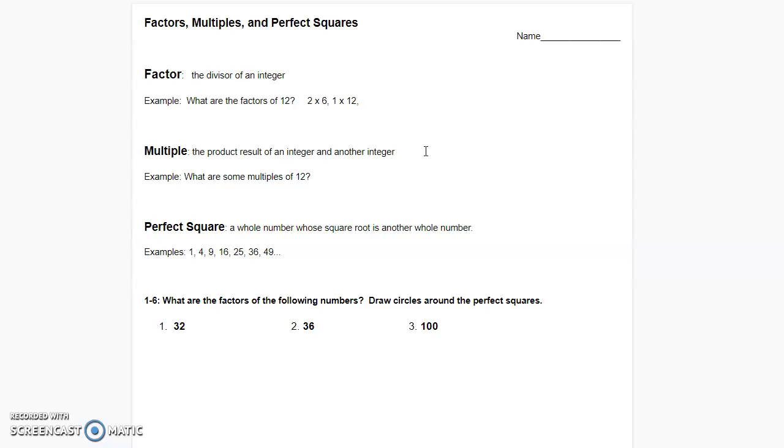Is there anything else? 3 times 4. And those 6 numbers, 1, 2, 3, 4, 6, and 12, are the factors of 12. So factors are asking for what numbers make up the number being asked about.